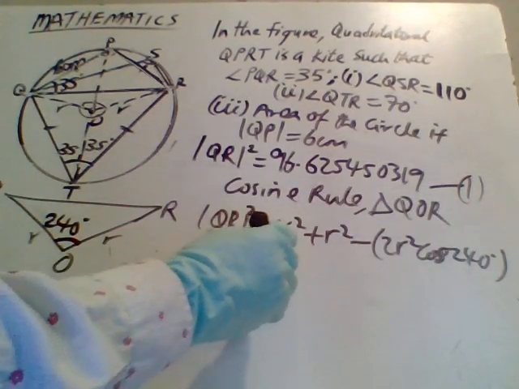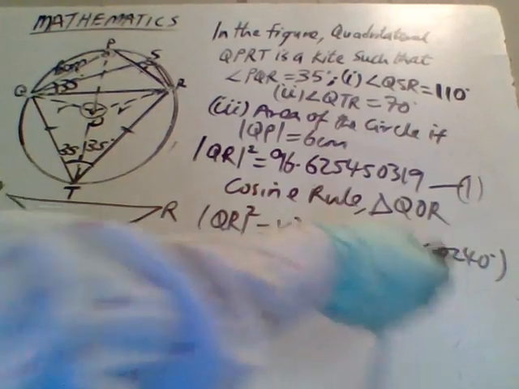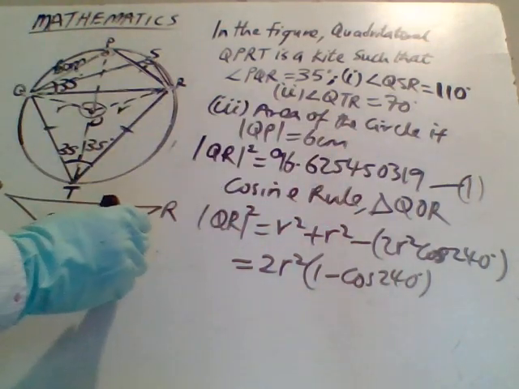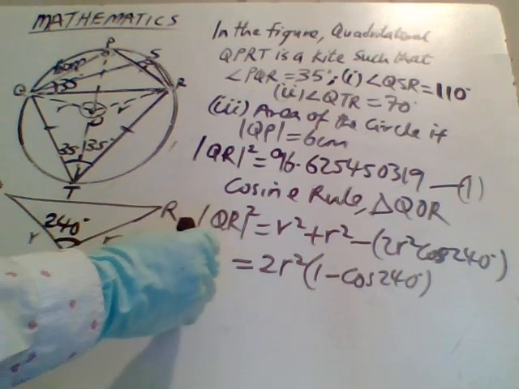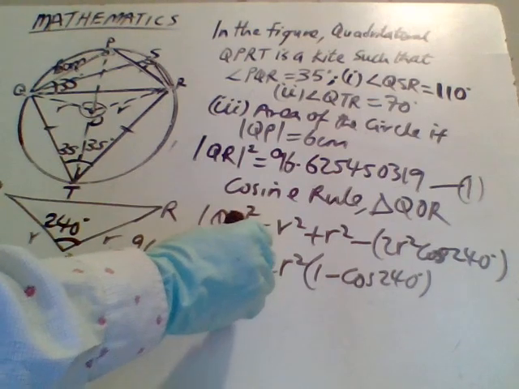So this is equals to 2R squared in bracket 1 minus cos 240 degree. And QR squared is equals to this value. All you need is to put this value here. 96.625450319.